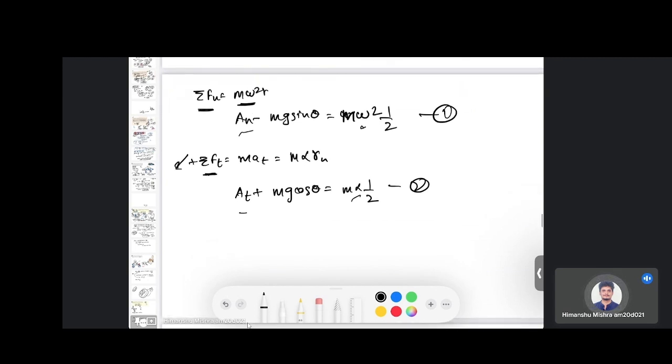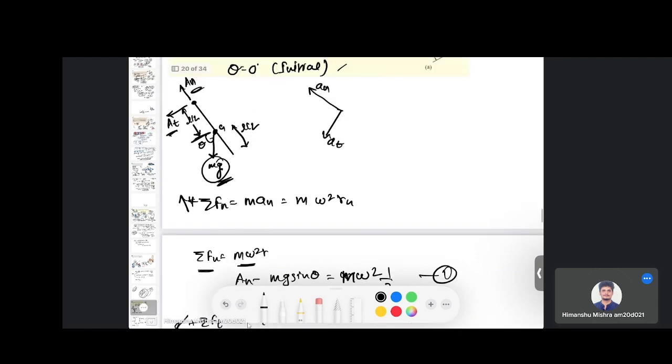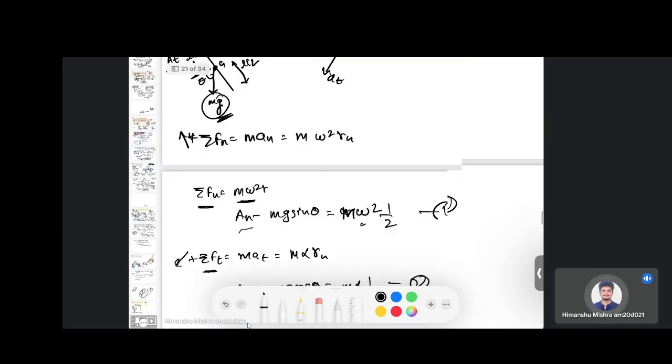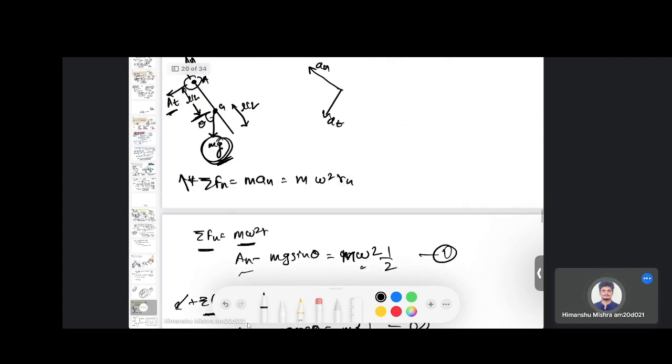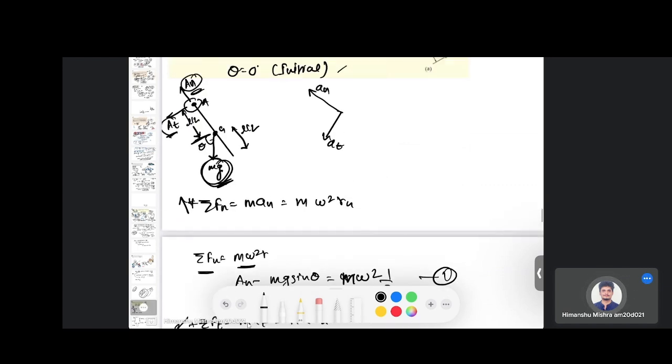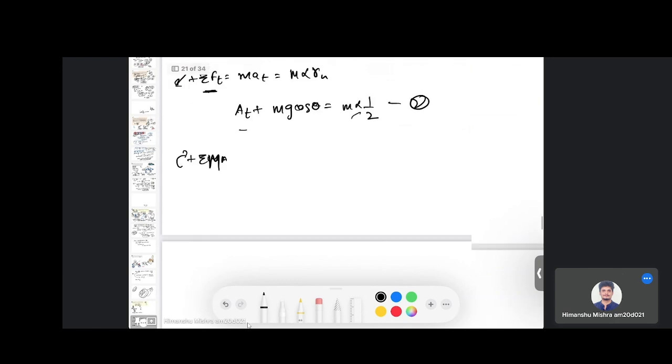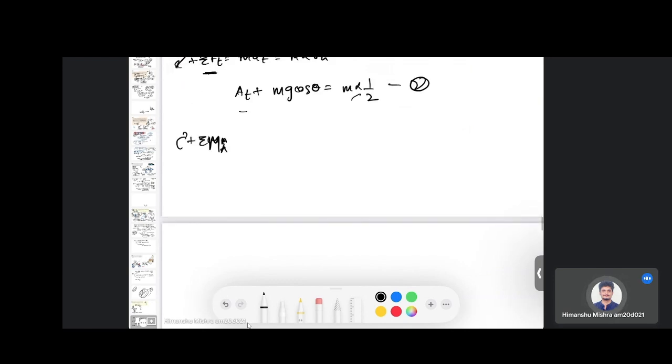So if I write down the moment balance equation and take the moment about point A, the moment is then due to the weight alone. There will be no moment due to the forces An and At, because I am taking moments from point A. And the moment at point A is equal to I alpha, because this rod is rotating.